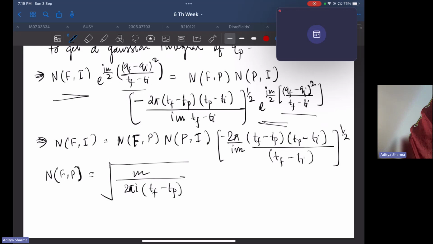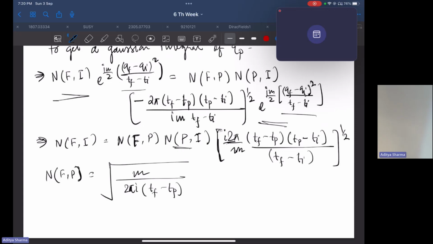Now, if we put this here, we are going to get m by 2 pi i. So I'll change this i above and put this minus sign. If I put this here, m by 2 pi i (Tf minus Tp) will cancel. Now for this one, m by 2 pi i (Tp minus Ti) will cancel with this part and give another m by 2 pi i, right?